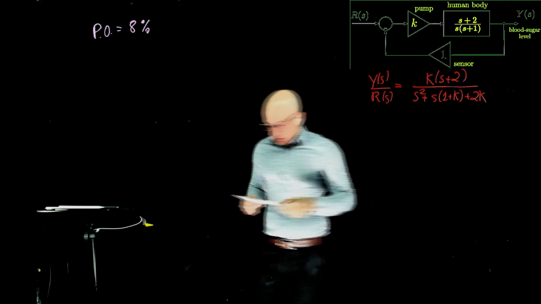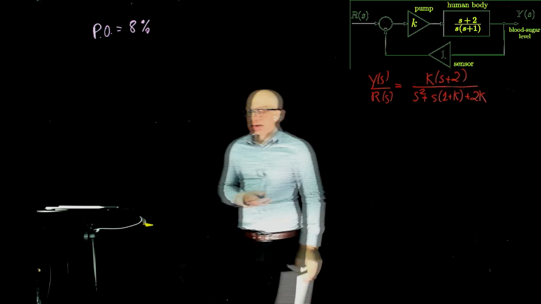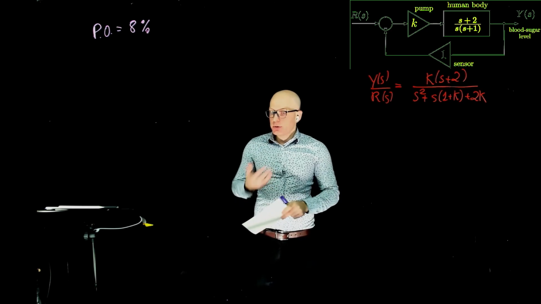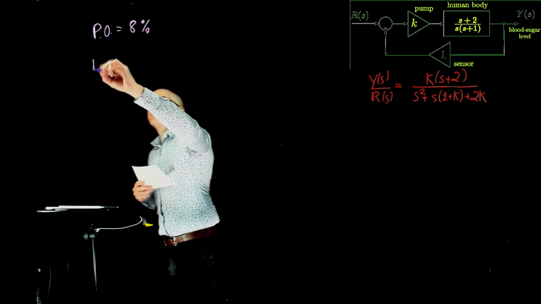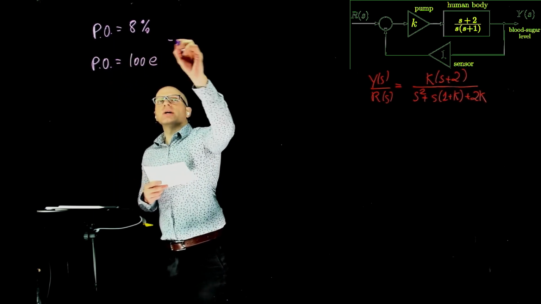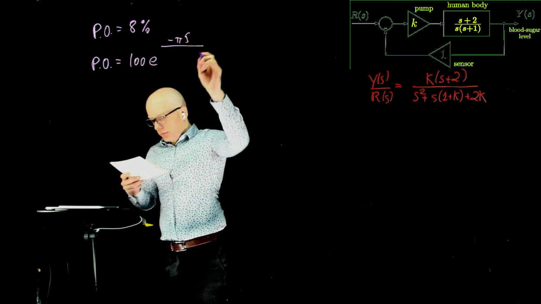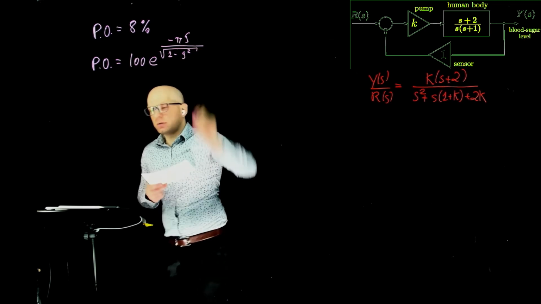And this will be affected by k. So the first thing to do is we know that the percent overshoot is only a function of the damping ratio, and that is given by 100 times exponential of negative pi zeta divided by square root of 1 minus zeta squared.